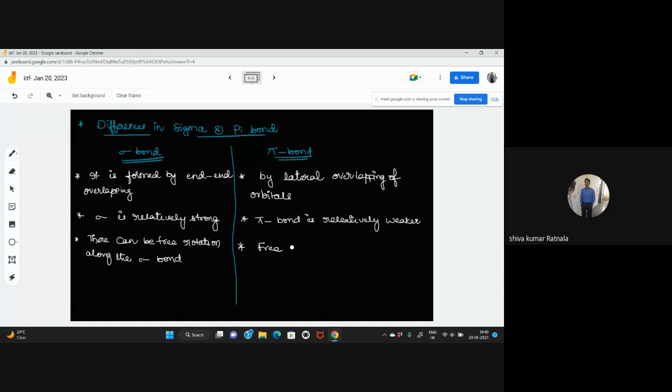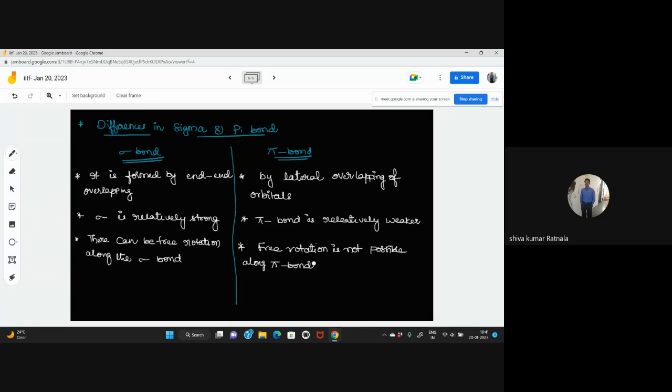Free rotation is not possible along pi bond. Okay.